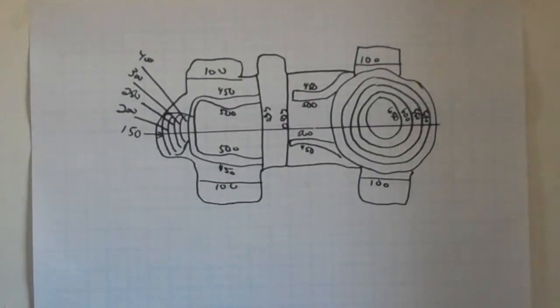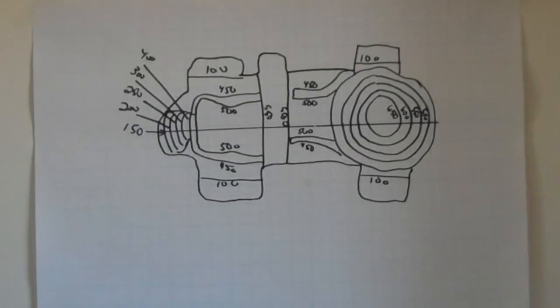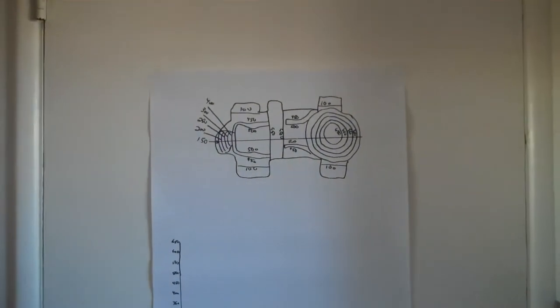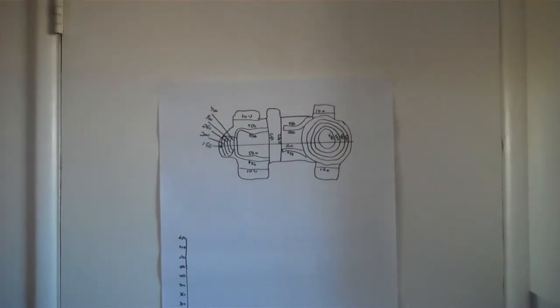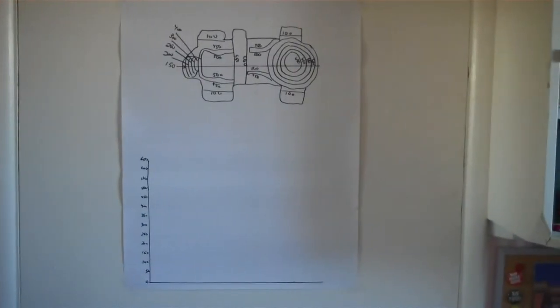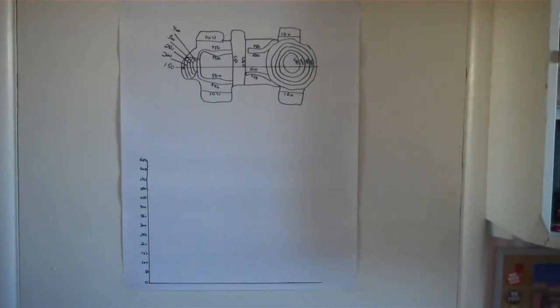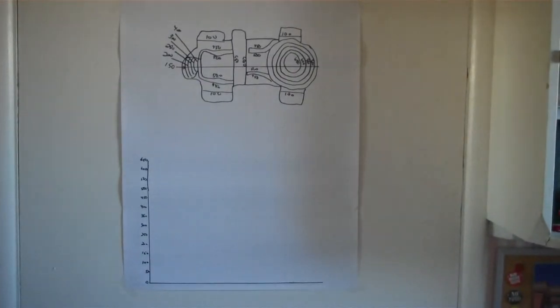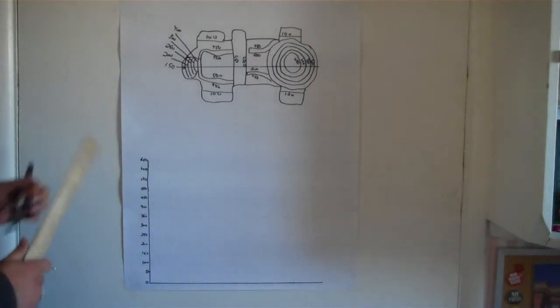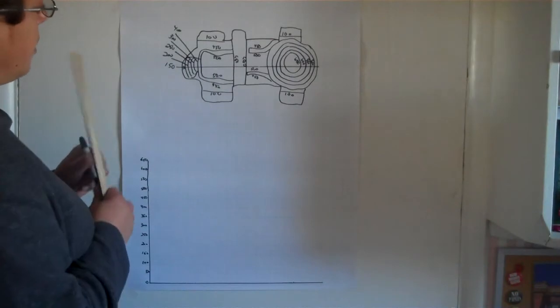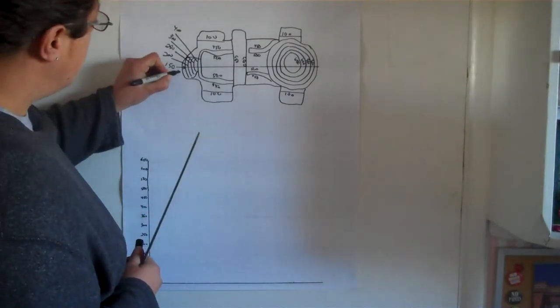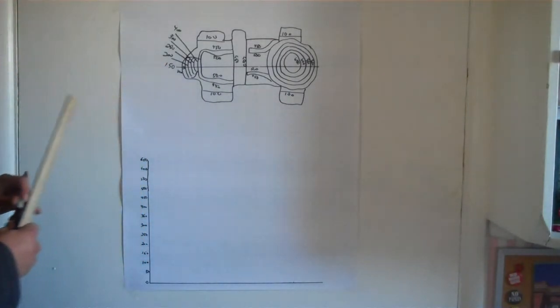So I'm going to move the camera back a little bit so that we can see the whole thing, what I'm doing. Okay. And what I'm going to do is I'm going to take my straight edge and I'm going to come to the first contour line, which is the edge of my roller skate.